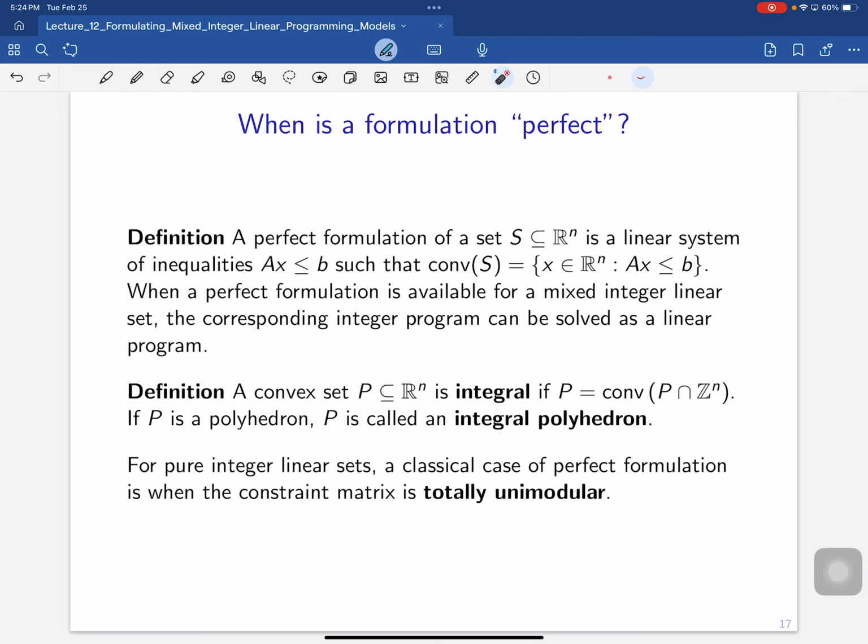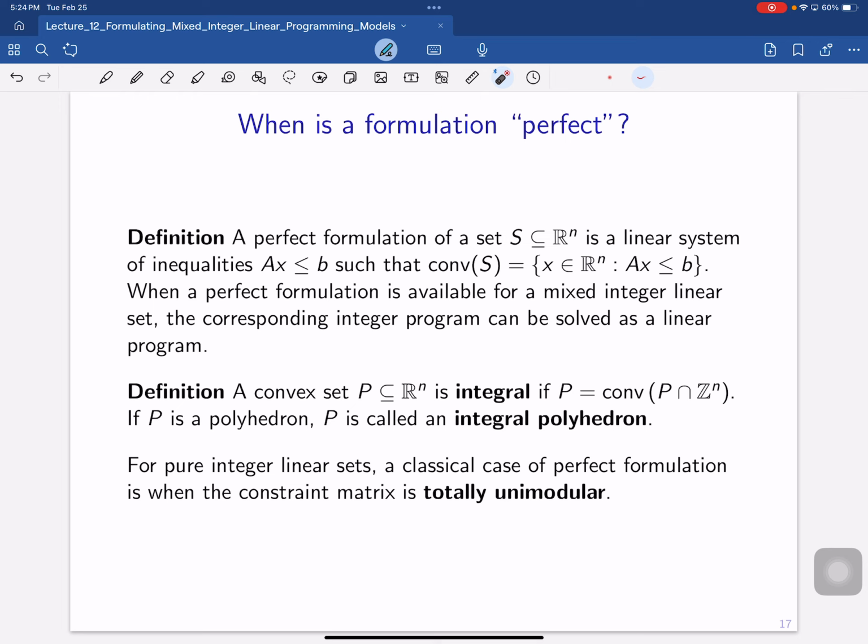So you can imagine if P's vertices are all integral, then you add that integrality constraint and still take the convex hull, it doesn't change. Right? So when is a formulation perfect? Or in other words, when does a polyhedral set always have integer vertices, right?